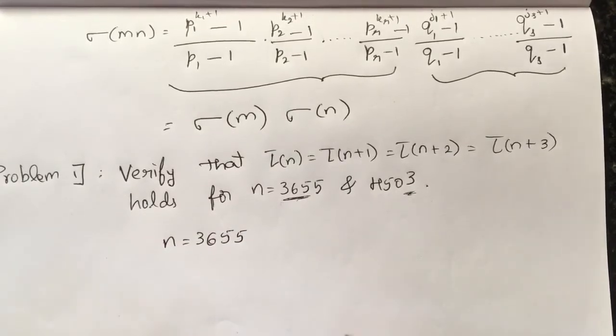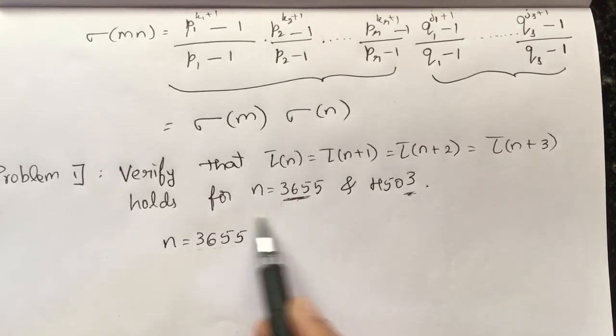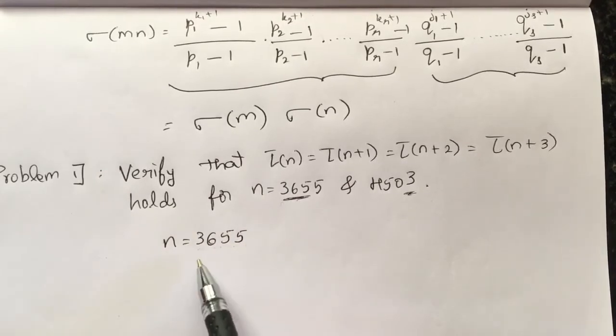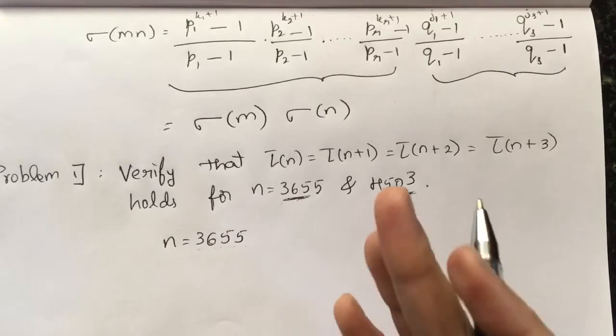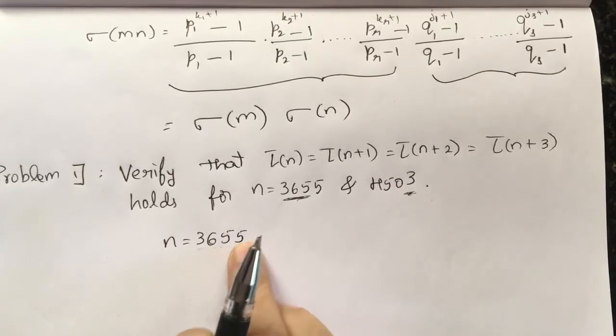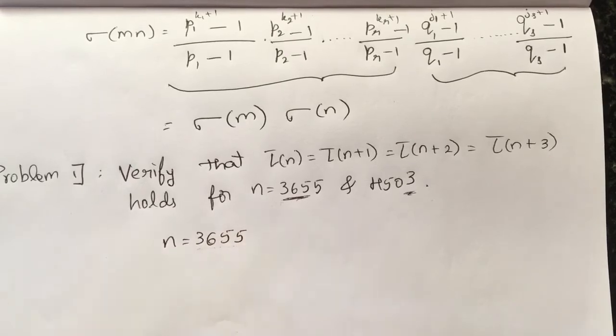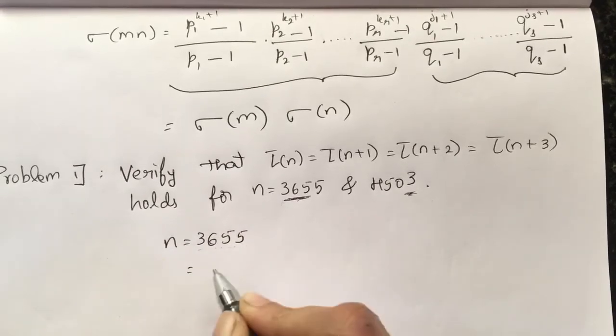First thing we have to do is write the canonical form of n, in the sense I have to write this number as a product of primes. Since it ends in 5, always go for dividing by 5, or try to write this in terms of products of 5 because the last digit is 5 over here. So I'll just write it.